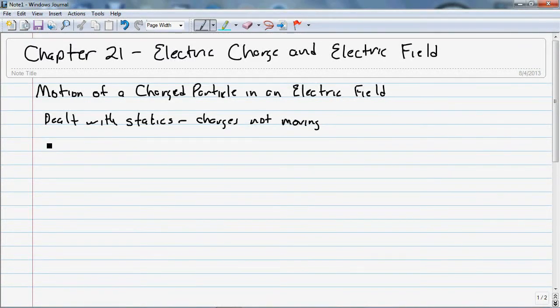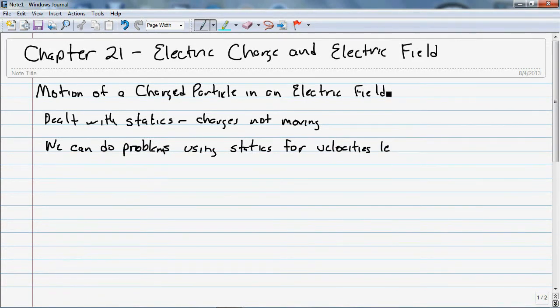But we can do problems using statics for velocities much less than the speed of light, which is 3 times 10 to the 8th meters per second.